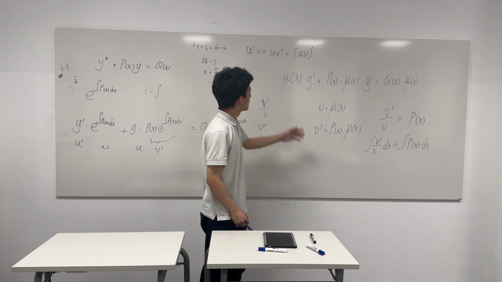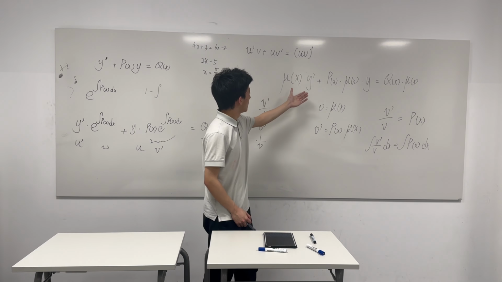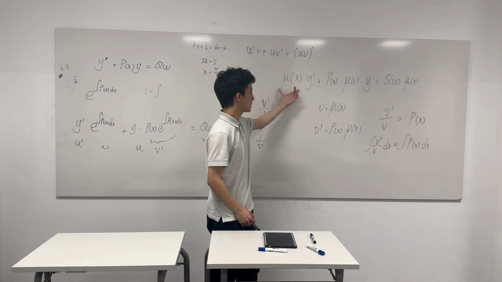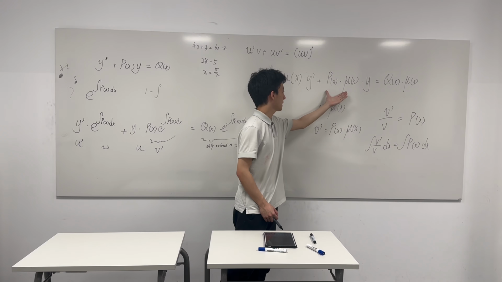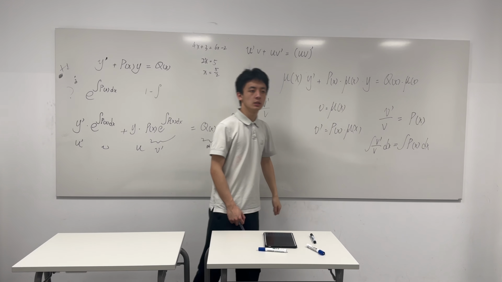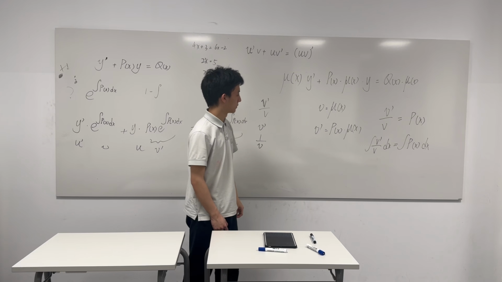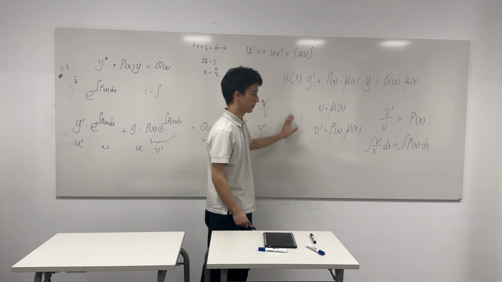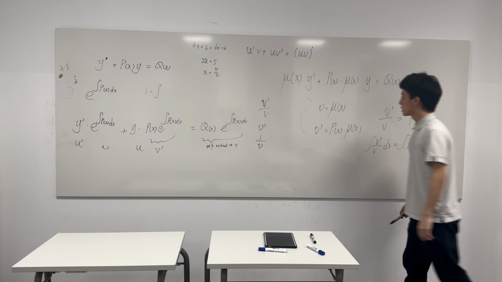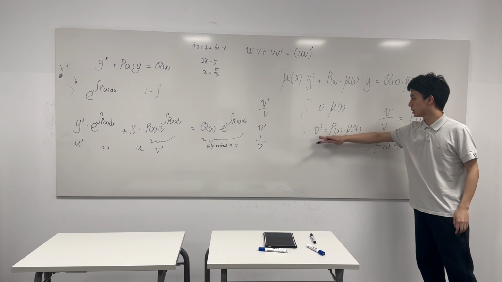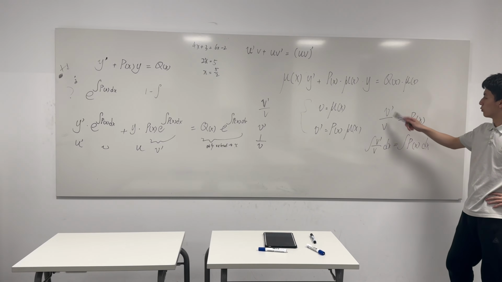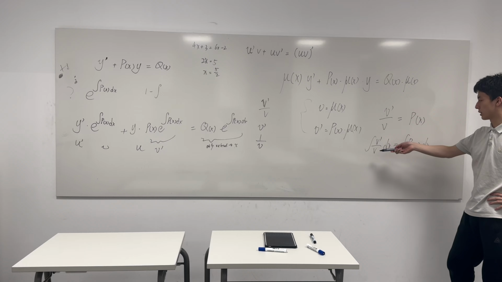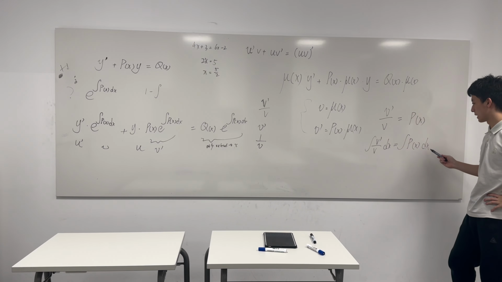Therefore, we hope the left side is the derivative of a product, so mu x should be the original function, and px times mu x should be the derivative of the function. So we can get this condition. Then we divide this by this, and we get v derivative over v is equal to px. Therefore, we can integrate both sides.